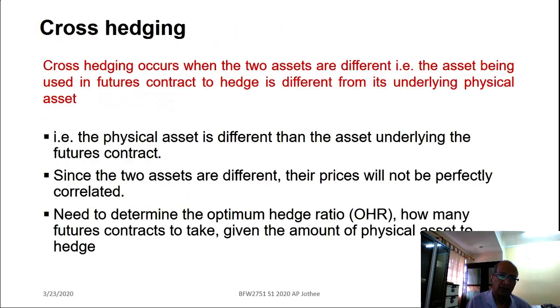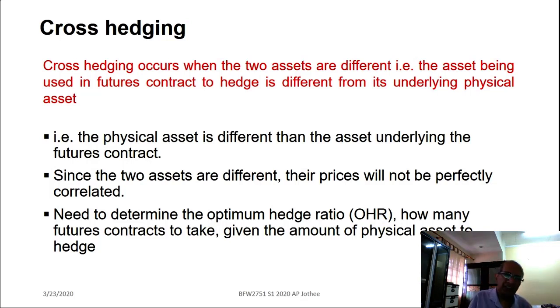Now, cross hedging occurs when the two assets are different. That is, the asset being used in the futures contract to hedge is different from the underlying physical asset. As I've been telling you so many times, gold and silver, jet fuel and crude oil, or palm oil against coconut oil, and so on. The physical asset is different from the asset underlying the futures contract.